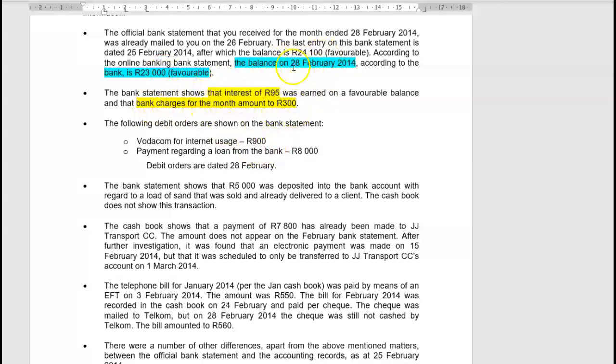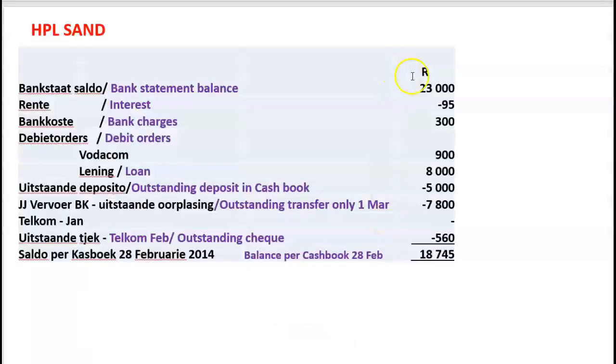So the first thing that I want to do is start off with a bank statement balance that excludes these items. This is interest earned, so it's interest received, so obviously it made that balance more. If I want to eliminate that, I'm going to take it out of the 23,000 Rand. Bank charges made that balance less, so if I want to eliminate that, I'm going to add it back to the 23,000.